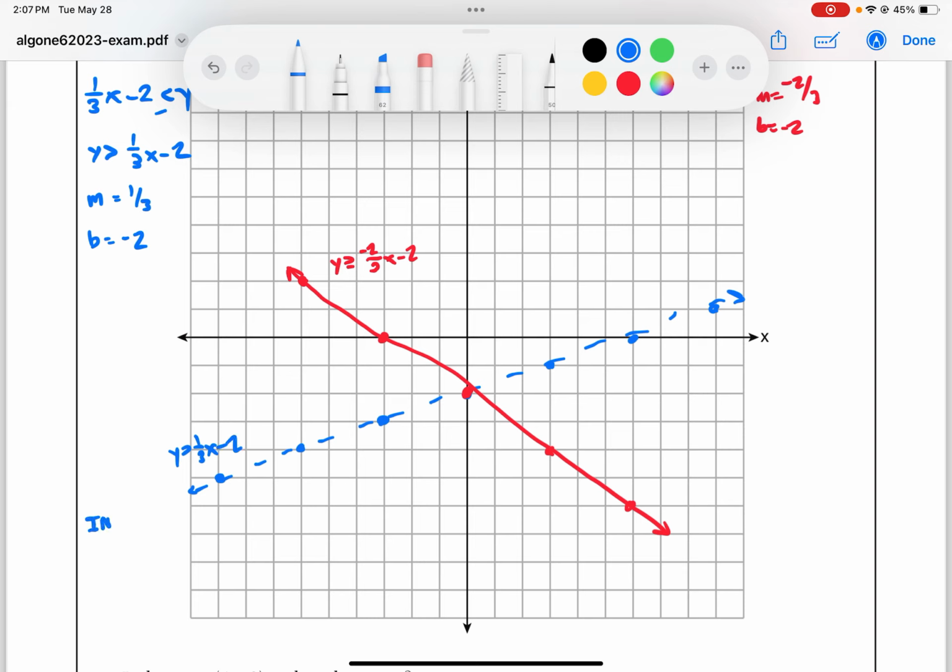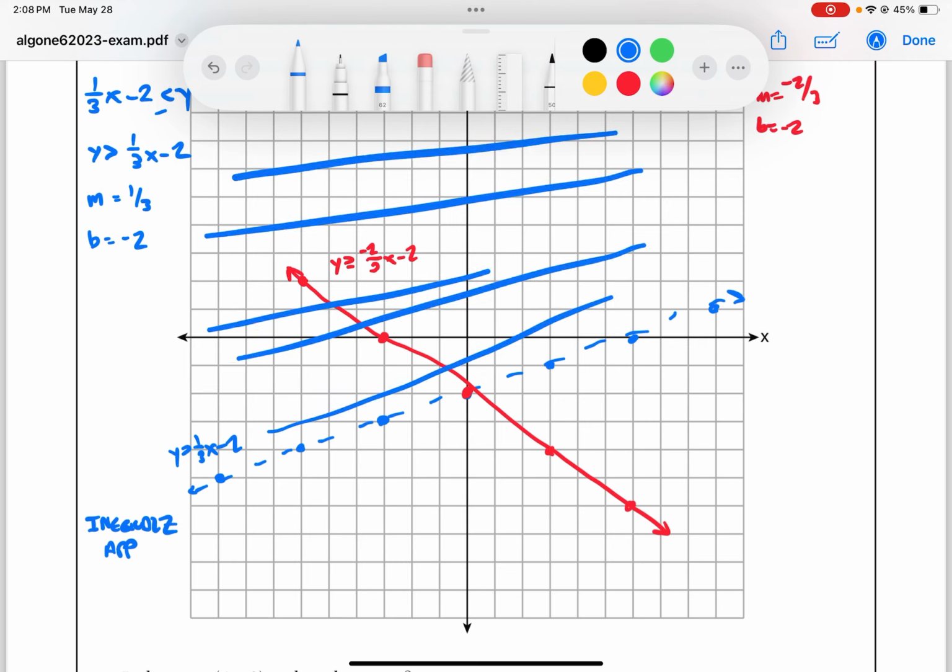If you're on the inequals app, which is in your apps, you will be able to determine the correct shading for these graphs. So I'm going to graph both of them with their inequality symbols intact. So y is greater than 1/3 x minus 2. And that's going to shade like this.